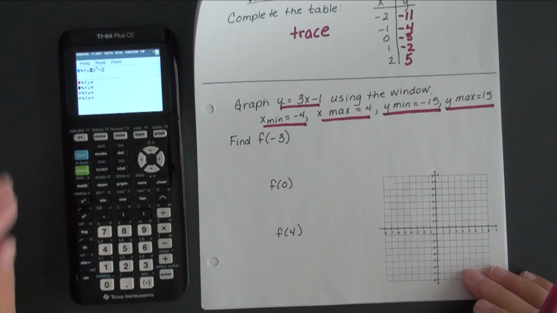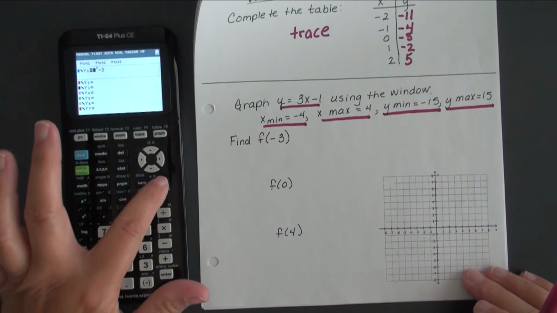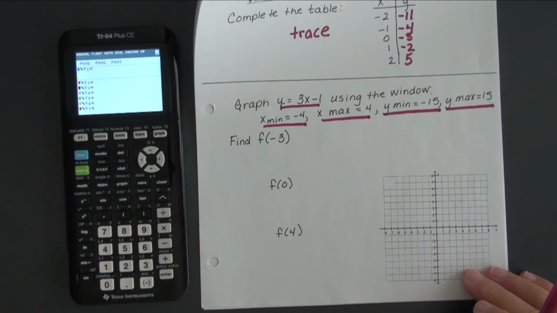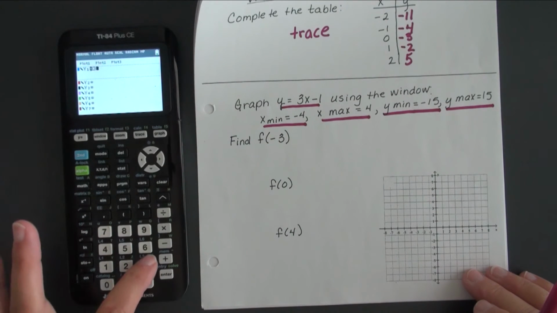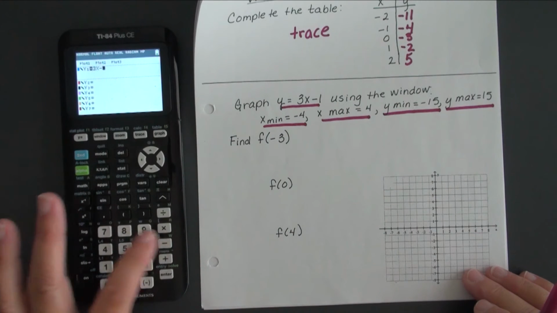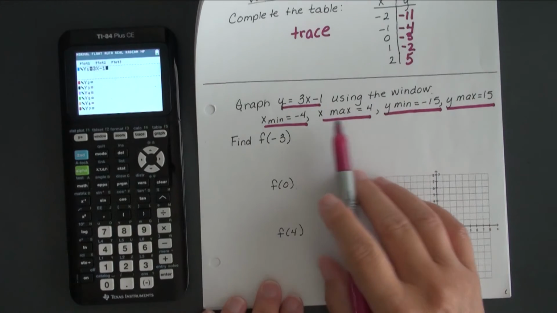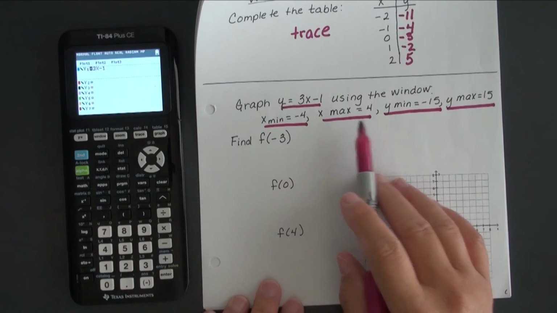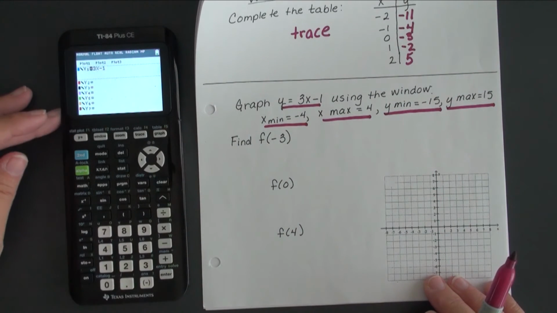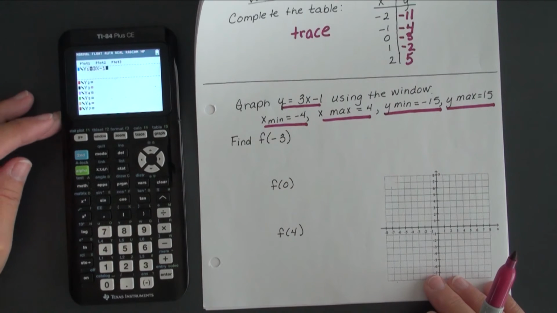We're going to go to y equals, top left corner, press clear. And I will type in 3x minus 1. Now this time it didn't say use the standard window, it said use this window. So we're going to actually type those numbers into our calculator.